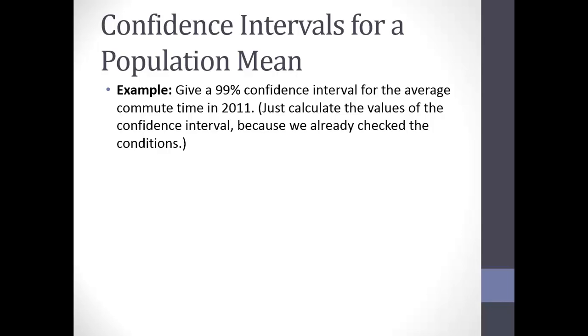The same exact steps apply here. We just want a 99% confidence interval. So again, we want x bar plus or minus z star times sigma over the square root of n. For 99% confidence, what's my z star going to be? Looking back in your notes.